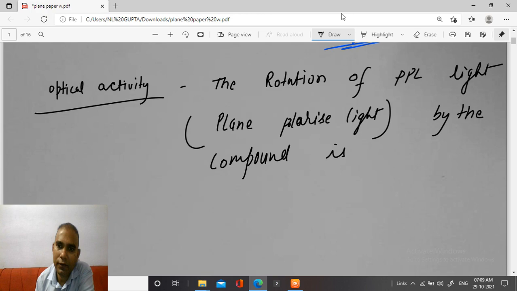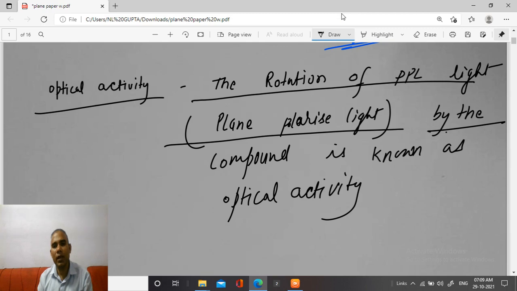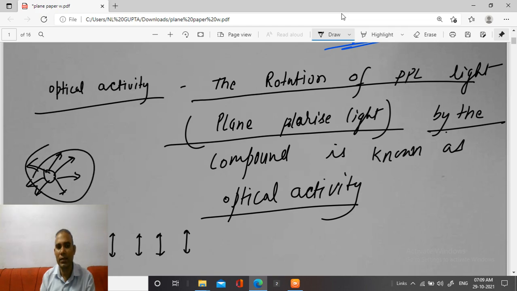If any compound is capable of rotating plane polarized light, that compound is optically active. Plane polarized light means the light has vibration only in one plane, up and down. It is not like ordinary sunlight, which vibrates in all directions. This is the uncommon light.